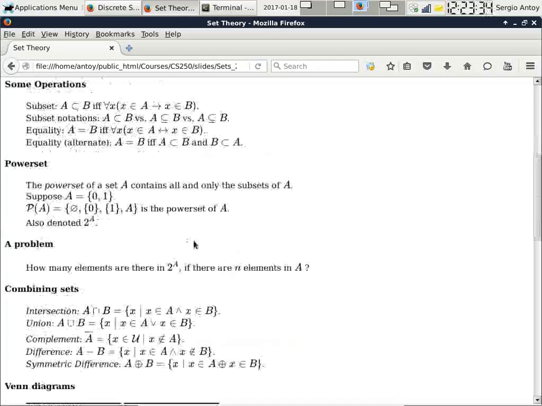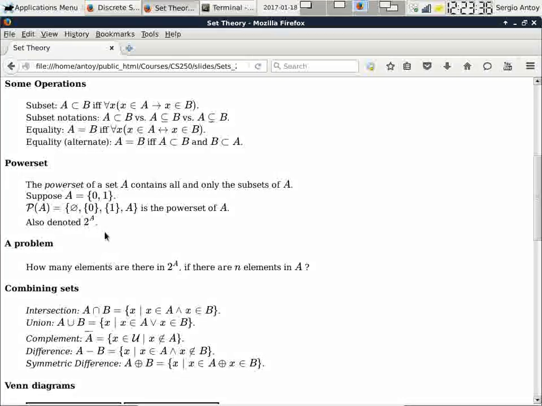All right, we have this operation. We talk about the power set. The power set of a set A contains all and only the subsets of A. All of them. We spent a bit of time discussing combination of sets, union, intersection, difference, and so on.